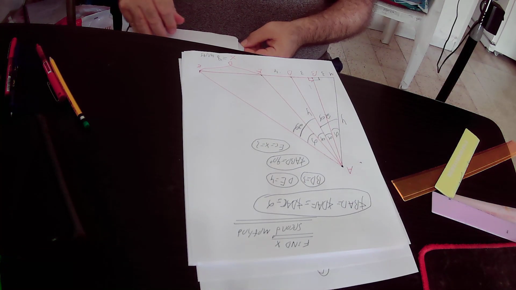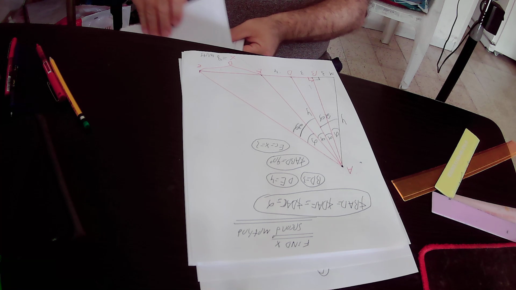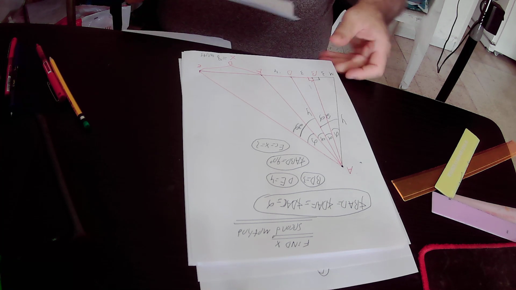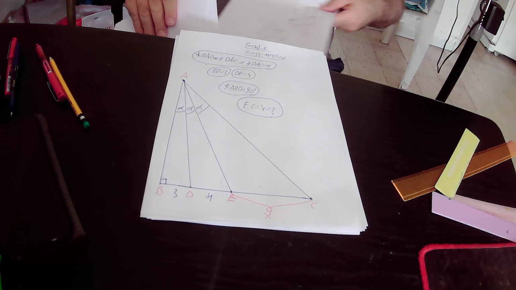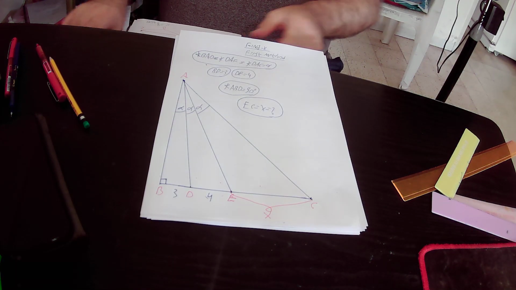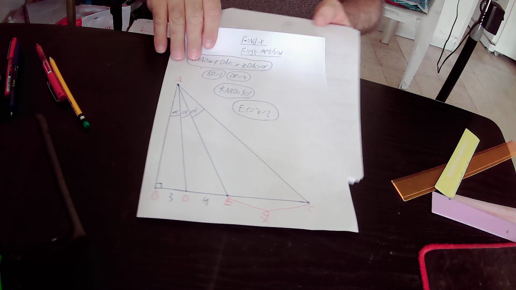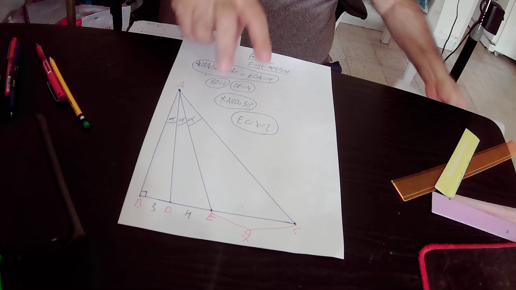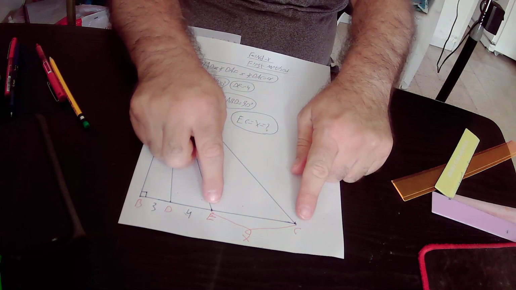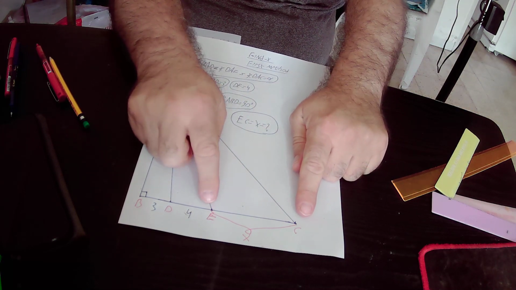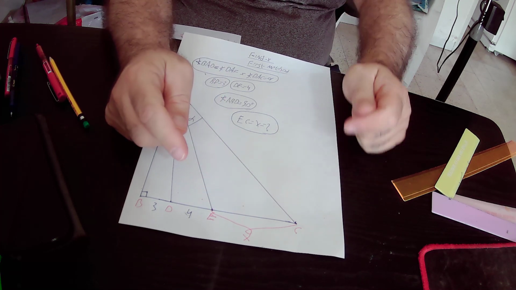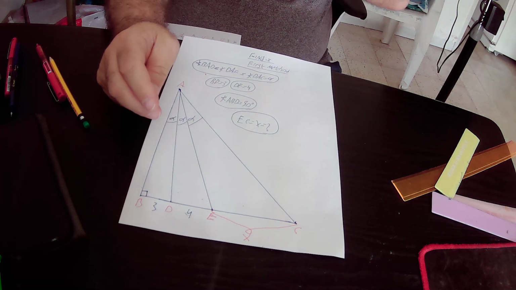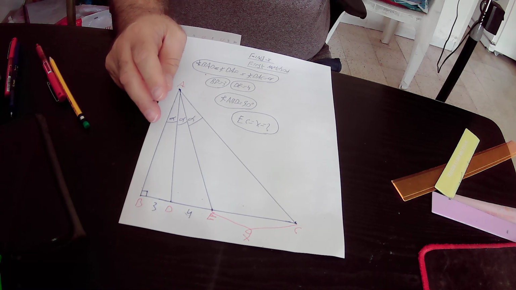Actually, we wanted to find out the value of X. EC equals X, and we want to find out the size of EC or the size of X. And we know that triangle ABC is a right triangle.